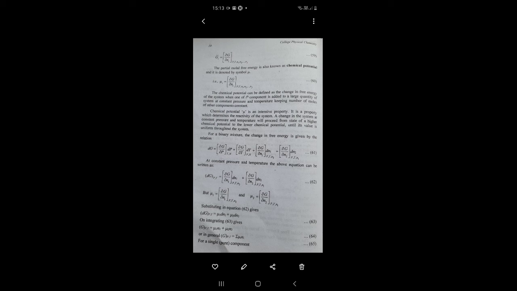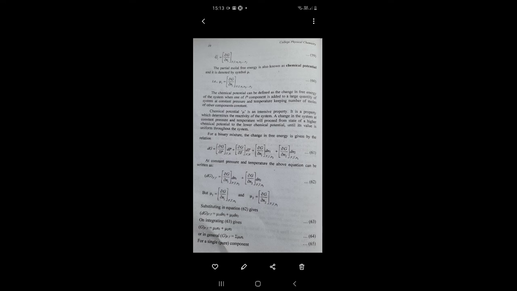These are intensive properties. It is a property which determines the reactivity of a system. A change in a system at constant pressure and temperature will proceed from states of higher chemical potential to lower chemical potential until its value remains the same throughout the system.